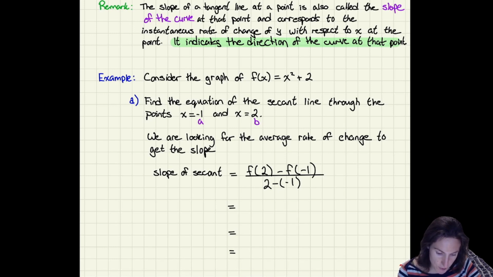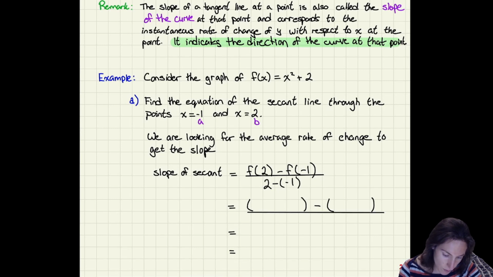And now what we're going to do is we're going to sub these values into our function here. Okay, so we're going to have our f of 2 expression minus our f at -1 expression, and then 2 minus -1, that's just going to be 3. Okay, so we're going to have our x parts squared plus 2, and then our x parts squared plus 2.